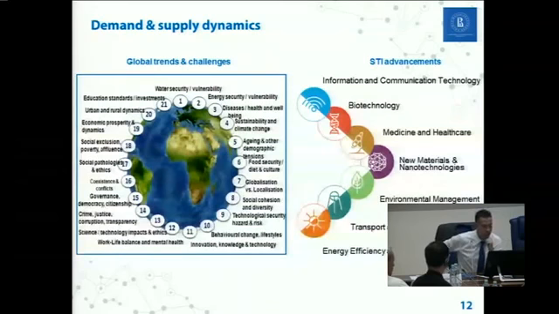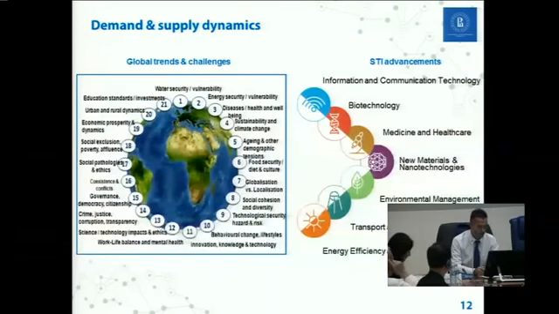Some of the technological and scientific instruments we use to address these problems are information and communication technologies, which will give us plenty of opportunities to address those challenges; biotechnologies, medicine and healthcare developments, new materials and nanotechnologies, environmental technologies, transport and space systems, and energy efficiency and energy saving. These are some of the instruments, not all, we can use to address these challenges.